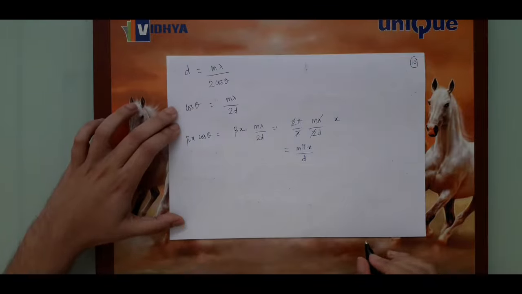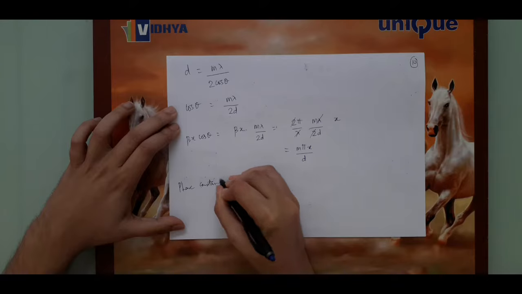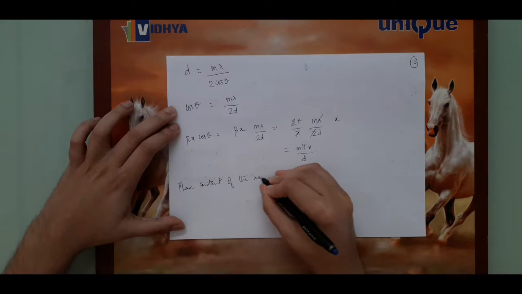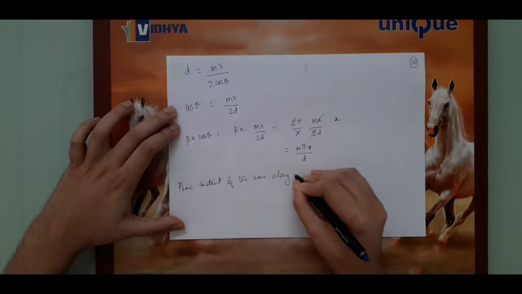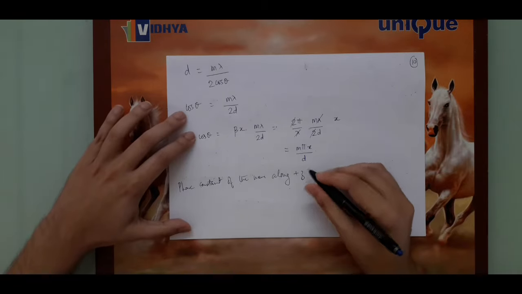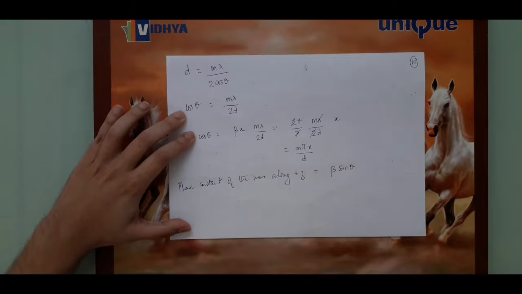So what is the phase constant? The phase constant of what? Of the wave along plus z. That is the wave through which we are guiding the power. So we had proved it is beta times sine theta.